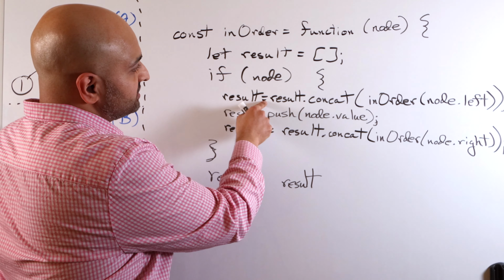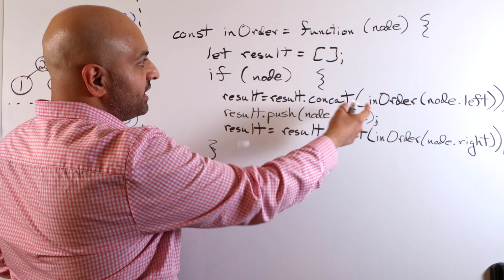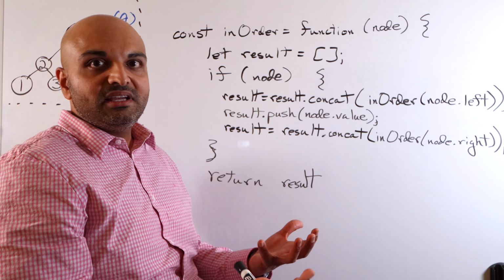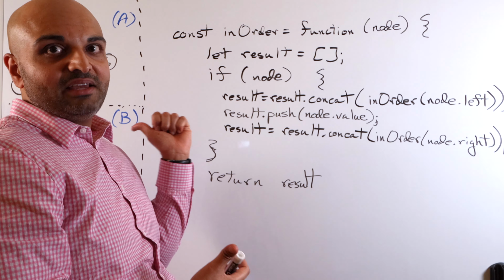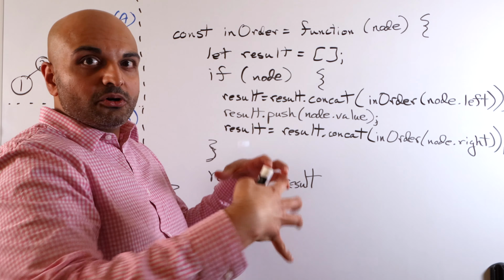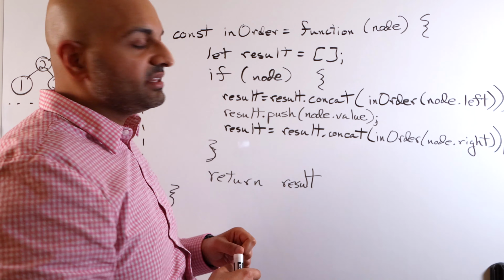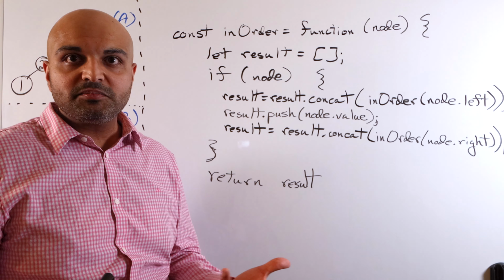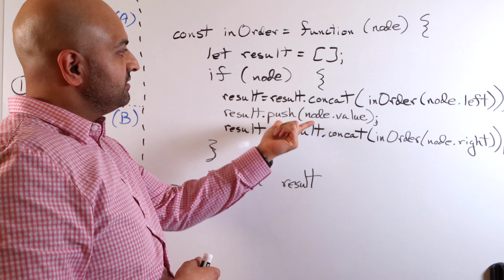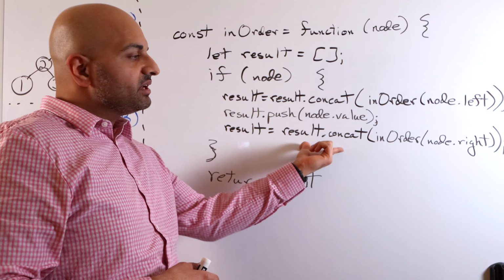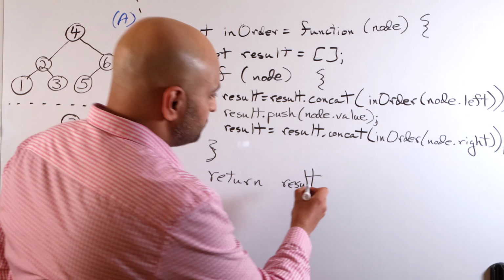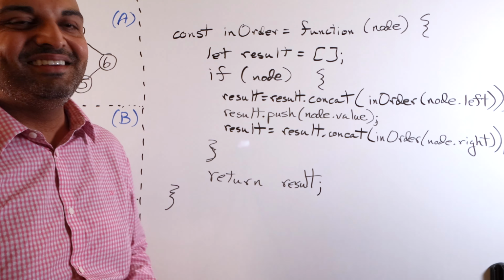So that's why we have to do result equals, because this returns a brand new array, and now result is being replaced by the concatenation of whatever is in result and whatever it just took care of on the left side of the tree. Then we take the value of the current node and push that onto the result array. Push is just JavaScript terminology for append. So we put the left side, then the current node, and then we concatenate the right side. Oh, almost forgot my semicolon.